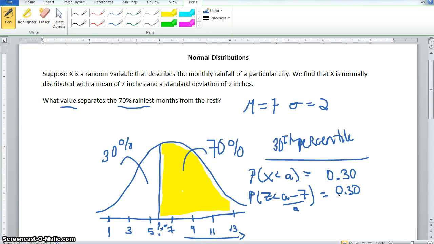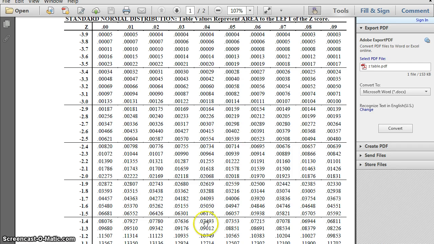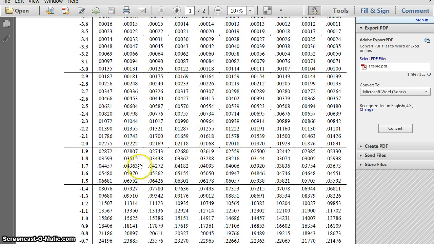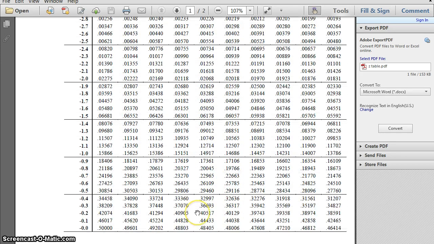Well, we can find this on our z-table. So let's go over to the z-table. We need to look through the areas here to find the closest to about 0.3. It doesn't look like we're too close. We're getting closer once we get down here. Not quite there yet. Keep scrolling. And I see 0.28, 0.276, 0.3084.